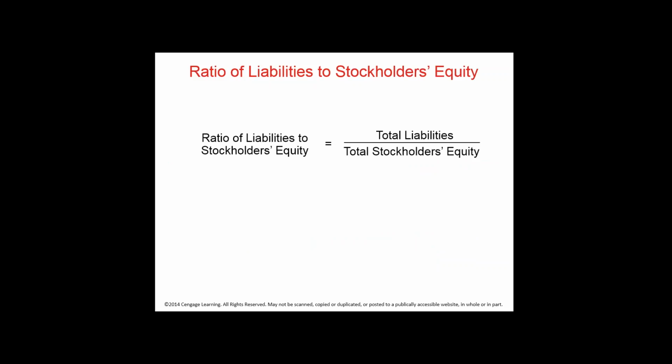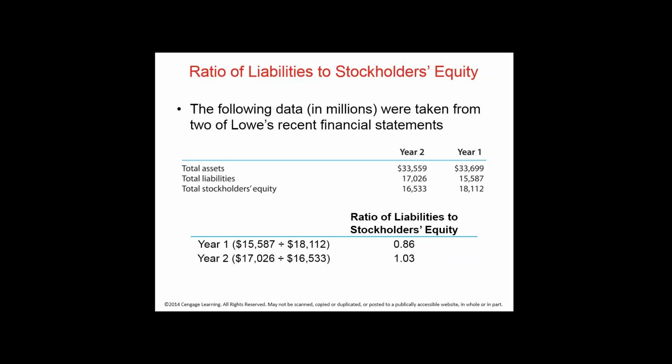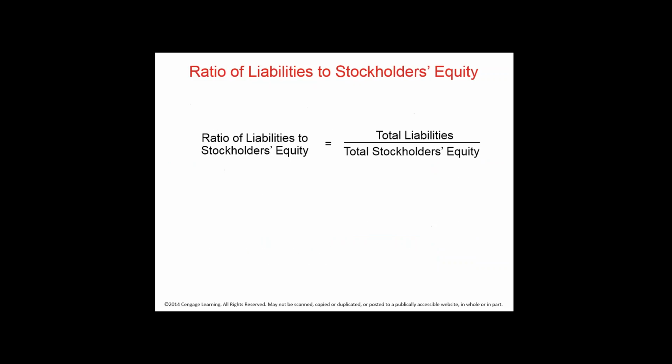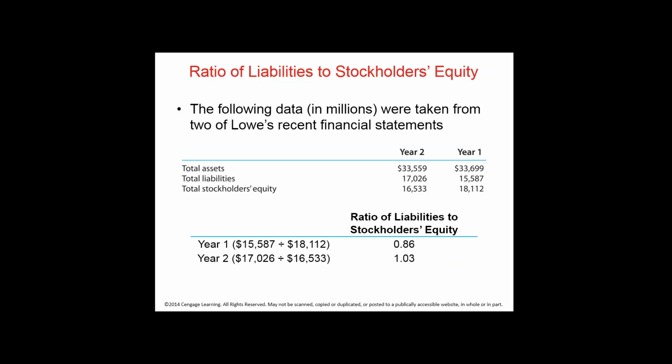We also look at the ratio of liabilities to stockholders' equity. So we take total liabilities and divide it by equity. And here's the same example from Lowe's.